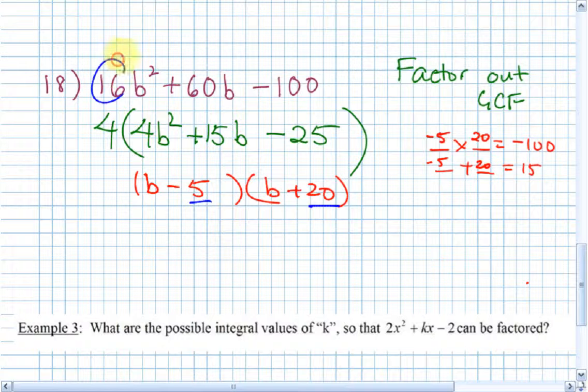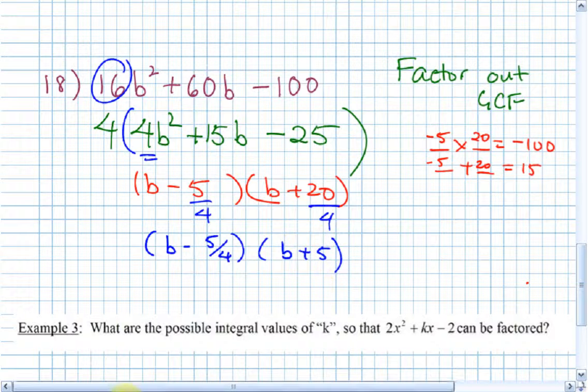Okay, don't say 16. Say 4, because I'm looking at what's now inside the bracket. So it's 4. Now we'll simplify. And I think the 20 divided by 4 is a 5. And then now we'll do Suleiman's bottoms up. We'll bring the 4 up here. So 4b minus 5, b plus 5.